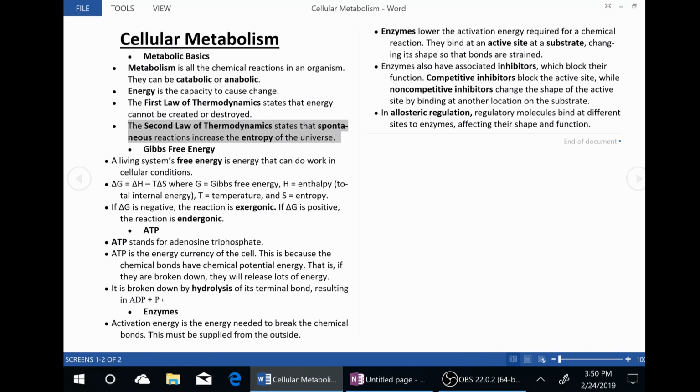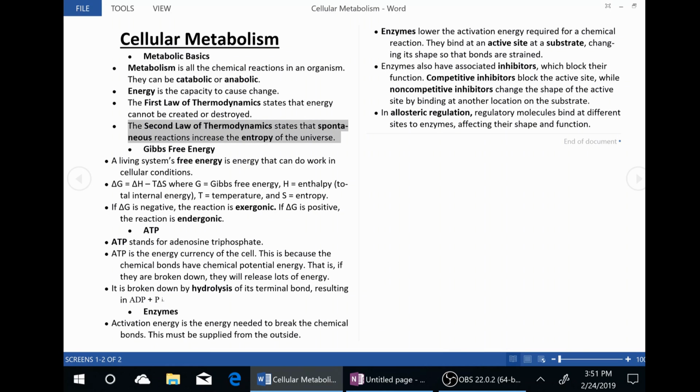Now, the second law of thermodynamics is that spontaneous reactions increase the entropy of the universe. This might sound really confusing, but a spontaneous reaction is one that can happen without the input of energy. So, for example, let's say we have a glucose molecule, and we want to break that down. That can happen without the input of energy because it doesn't require any energy to go from a glucose molecule to the smaller parts.